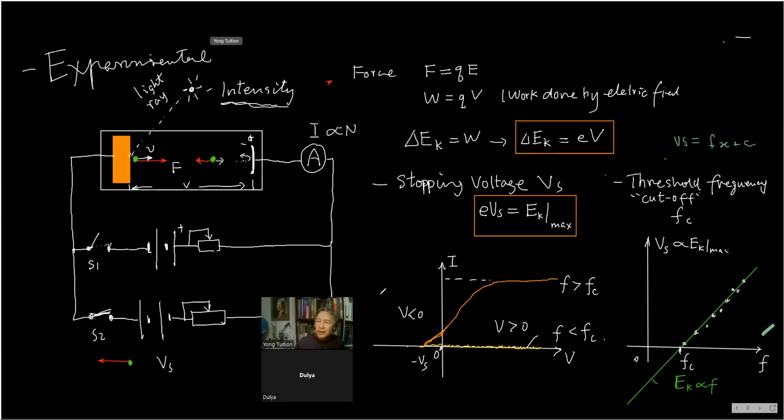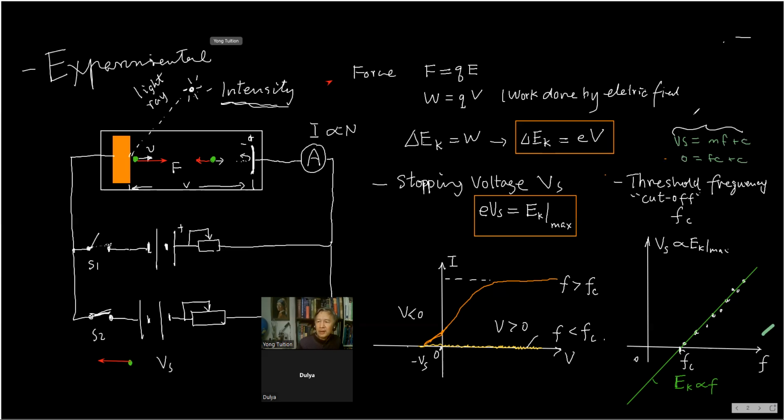The x-axis is frequency f. So what is c? How can we incorporate this x-intercept into our formula?